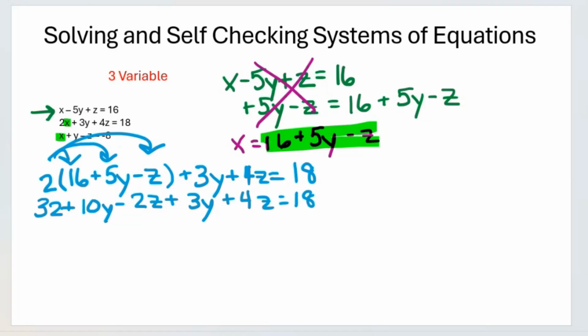All right, and if I match my like terms up, and just bring this 32 over here to the numbers, 18 minus 32 is going to be a negative 14.